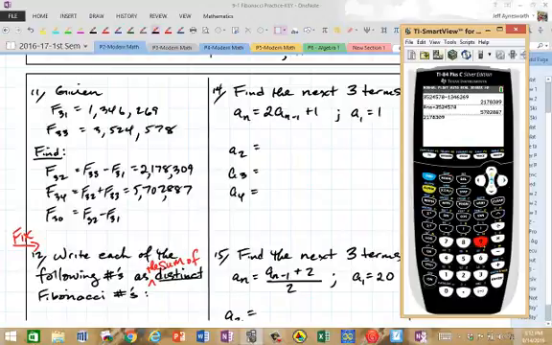That's F32. Subtract the one before it, which is F31. The hardest part about this, guys, is just entering the darn number in correctly. Okay, that's the hardest part. All right, and you get the 30th number here, which happens to be 832,040.